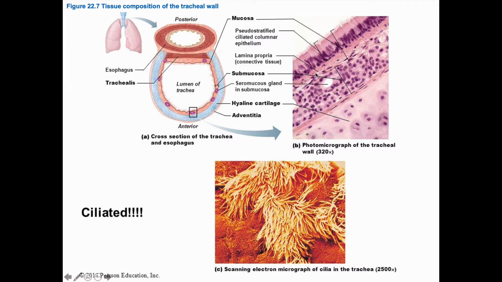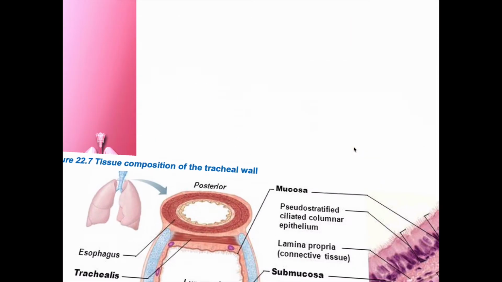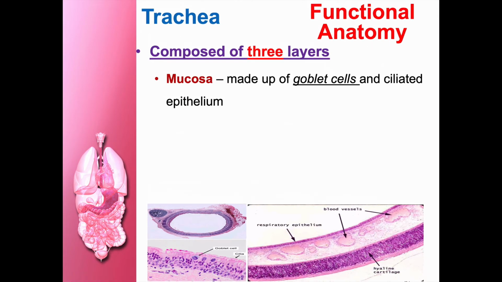Underneath you have the lamina propria, which is a connective tissue. Then you have the cartilaginous layer, and then the adventitia layer, the outermost layer you can see here. There are a large number of goblet cells which have the ability to secrete mucus, present under the surface of this epithelium.